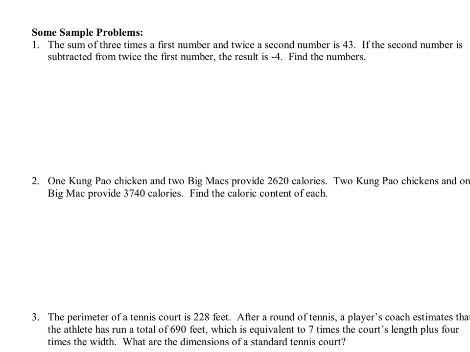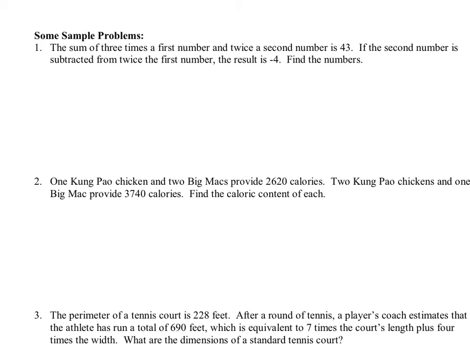The sum of 3 times a first number, okay, our first number is going to be x, and twice a second number. Our second number is going to be y. So this means we now have 3 times the first number, the sum, so we're going to add them, and 2 or twice a second number is 43.